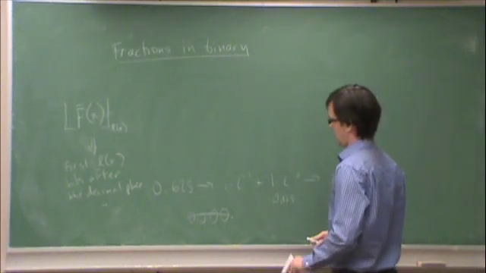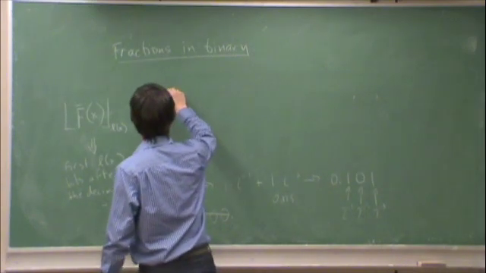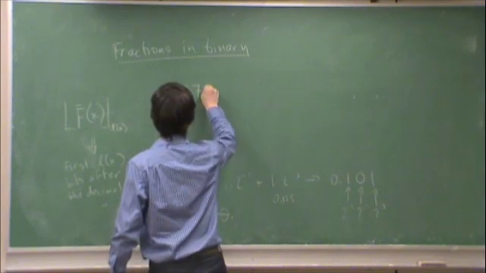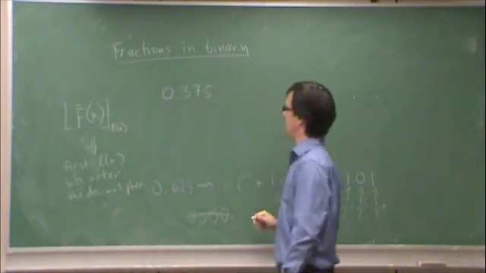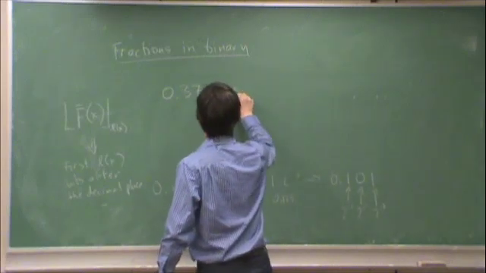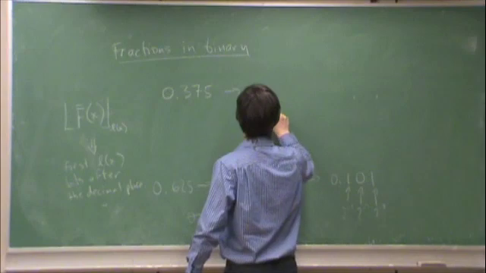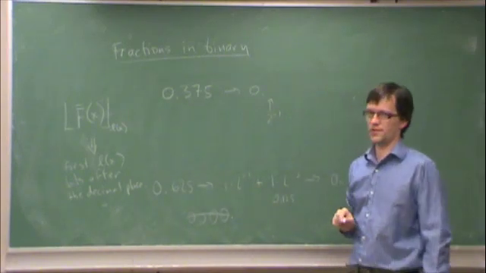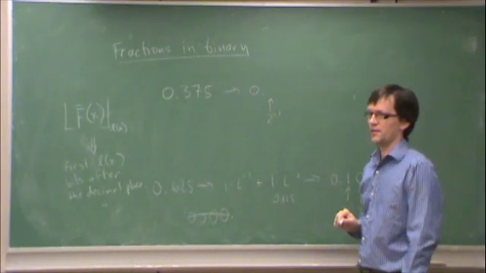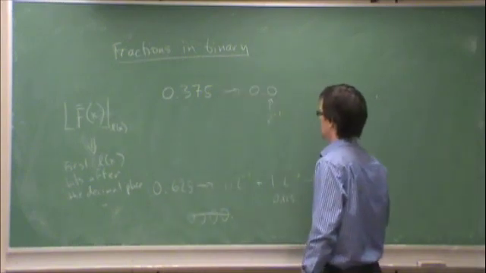So, as an example, let's take 0.375. What's the binary representation of that? In the 2 to the minus 1 place, how many 2 to the minus 1s are there in there? 0. So this is less than 0.5, so there's 0 2 to the minus 1s.